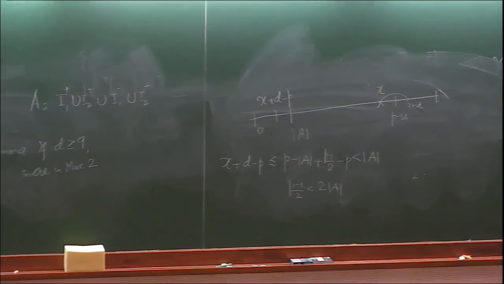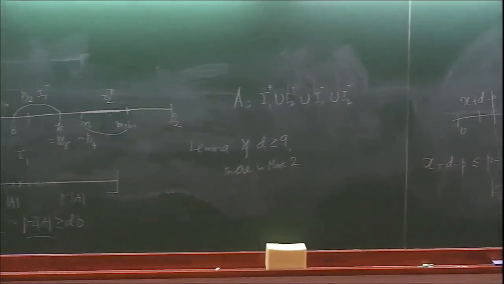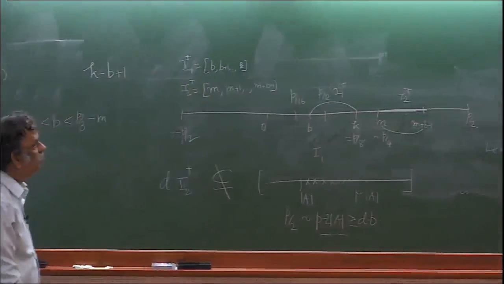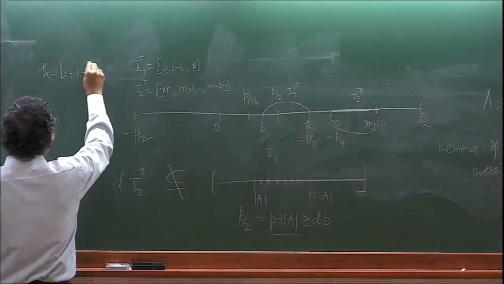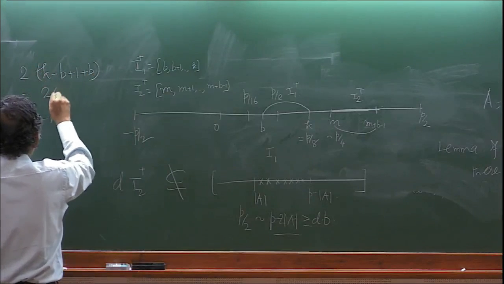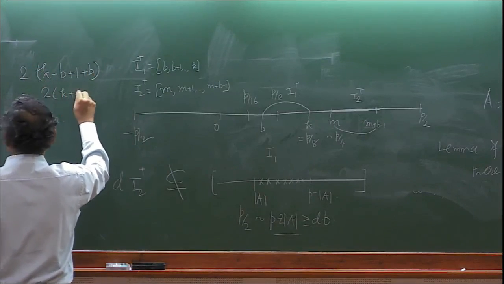I have to bother about the O of 1. This number has k minus b plus 1 elements, and this number has b elements, and then that gets multiplied by 2. Therefore the cardinality of A is 2 times k plus 1.